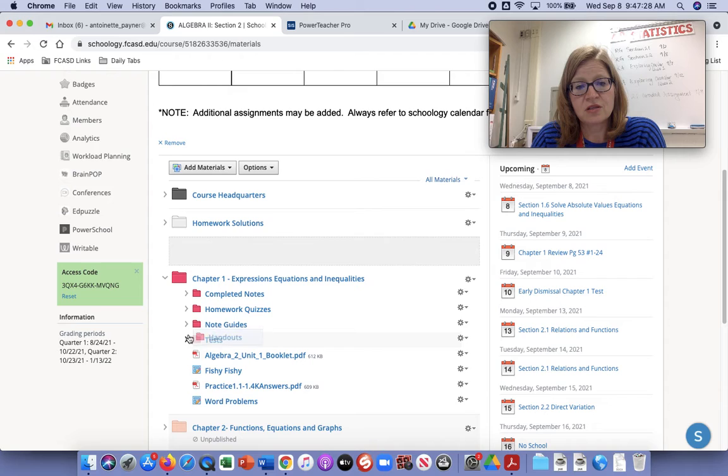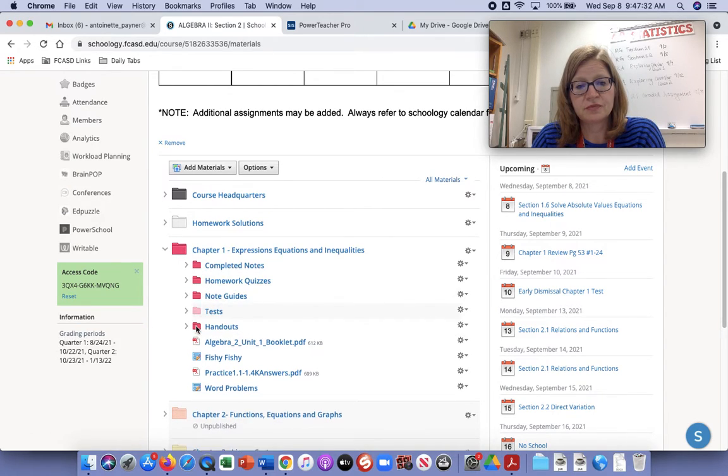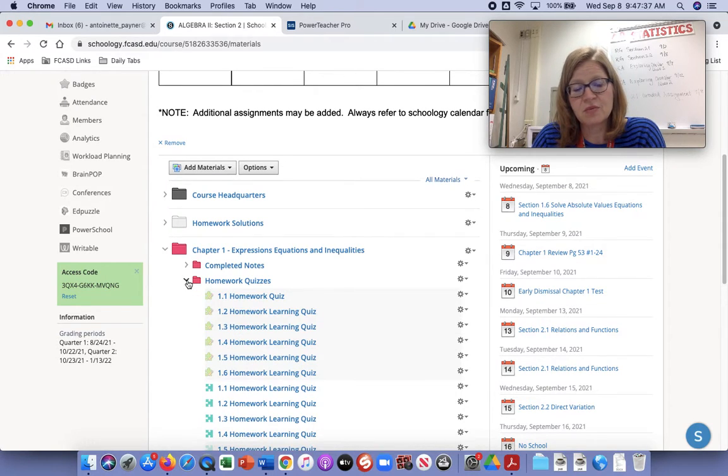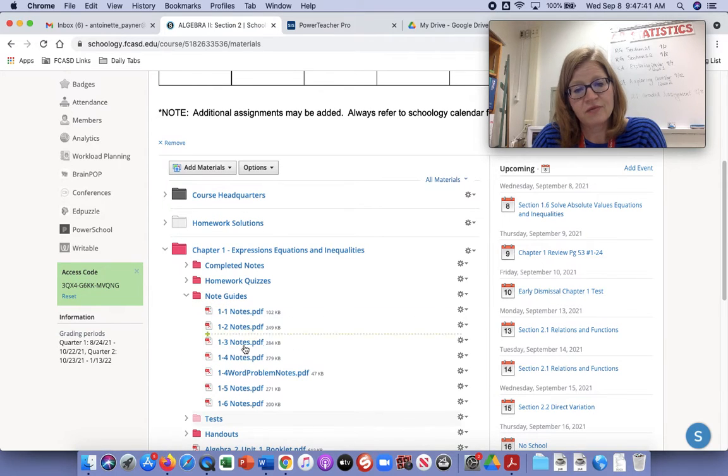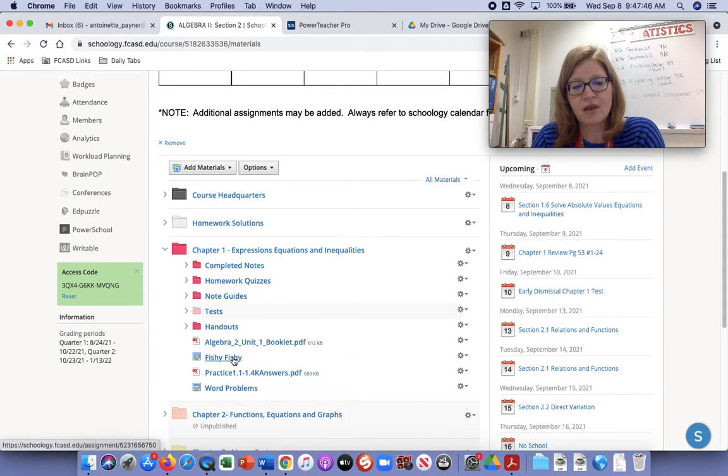There are the homework quizzes. Oh, I just moved that folder. So the homework quizzes are right here. Again, if they just wanted the individual notes, they're here instead of the packets. And if there are any other assignments, I throw them in here as well.